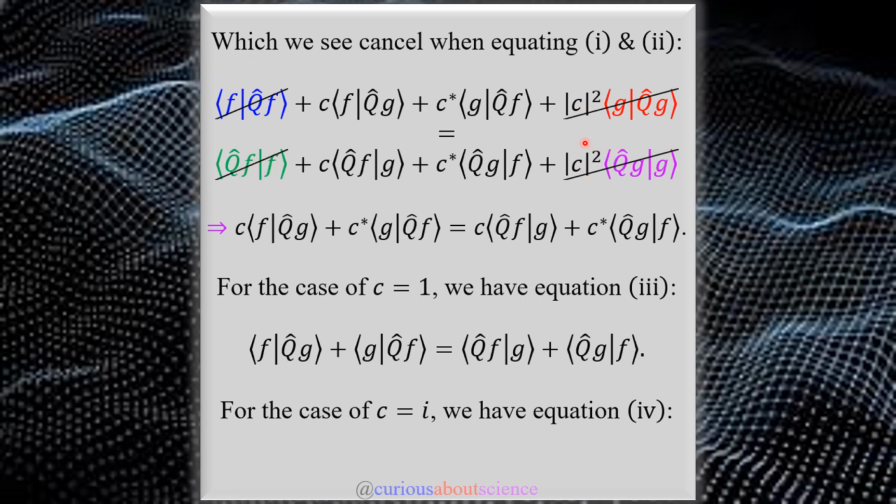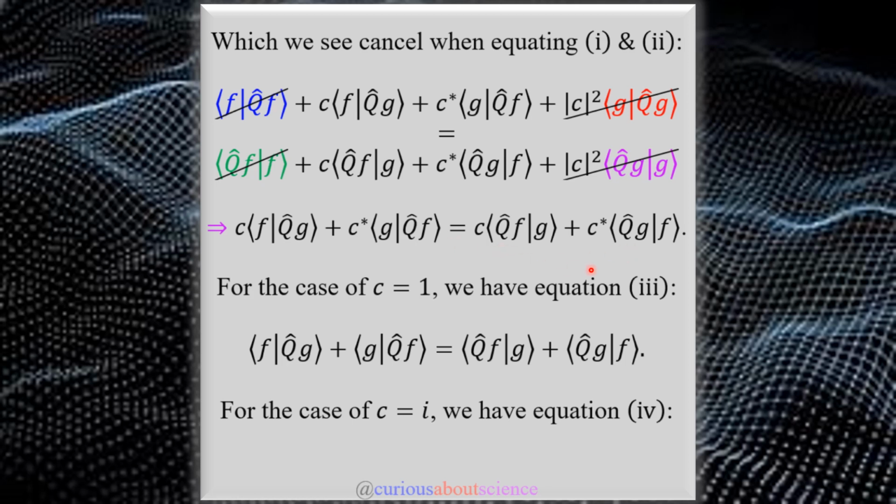And of course, I have magnitude C squared, and again I get the Hermitian definition on the g function, so they cancel. So I'm left with a nice consolidated statement just involving the constants. One with C star, both sides, operator on the right-hand side on the left-hand side of the equal sign, and the operator on the left-hand side of the right-hand side of the equal sign.